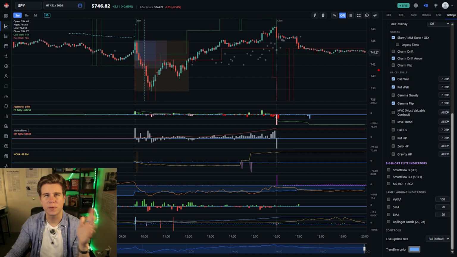Now, there are a couple of theories on this, and if you don't care about theory, you can skip this part. It's going to be quick. Generally, when the call wall moves up, there is a high level of new call buying or call open interest around that level. It could just be a really big institutional buy, which could move the call wall. It could be a lot of retail buying. Whatever it is, dealers will have to hedge against those calls, which can lead to some buying pressure.